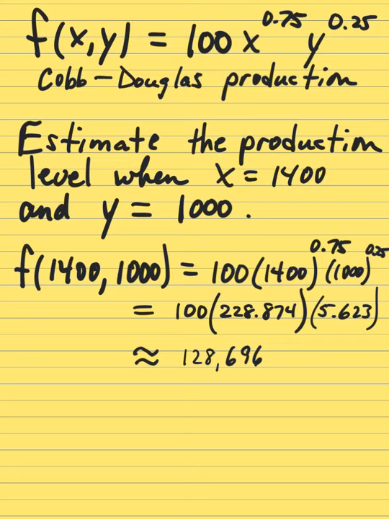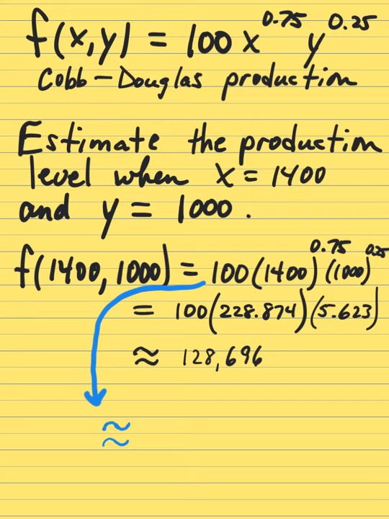Okay, now let me go back and I'm going to do this calculation. I'm going to do it in blue. If I don't round along the way, and this is how you can compare and contrast the values that you will get. If I don't round through the problem, 100 times 1,400 raised to the 0.75.